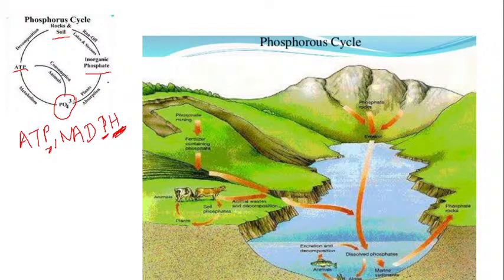They get phosphate like this: weathering takes place in rock, and after weathering they get it and use ATP for their activities, and when the animal dies, it will undergo decomposition, and it will again be sedimented in the rocks.